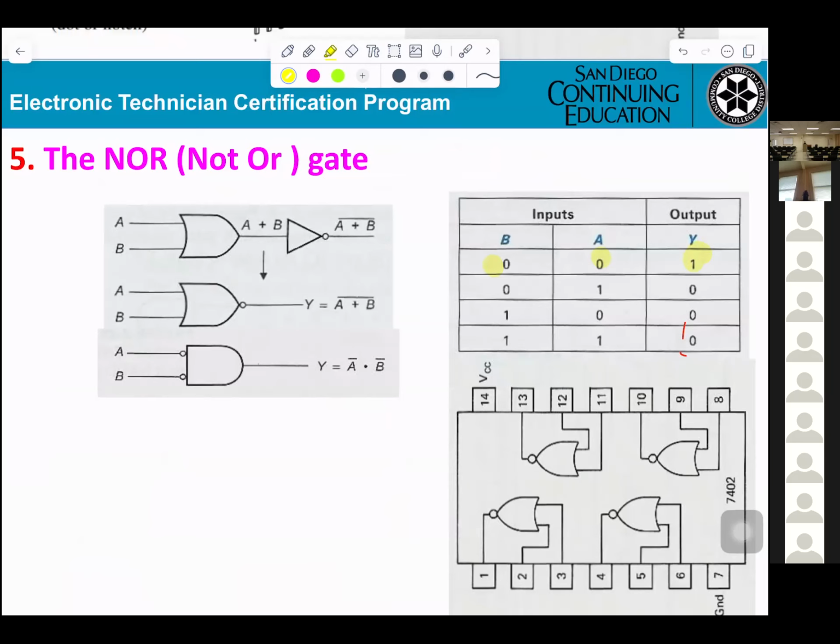Any input with logic 1, the output must be 0. That is easy to memorize. Same thing: 14 pins, power, ground. 1 gate, 2 gate, 3 gate, 4 gate. What input, what output. Hopefully you can understand that.